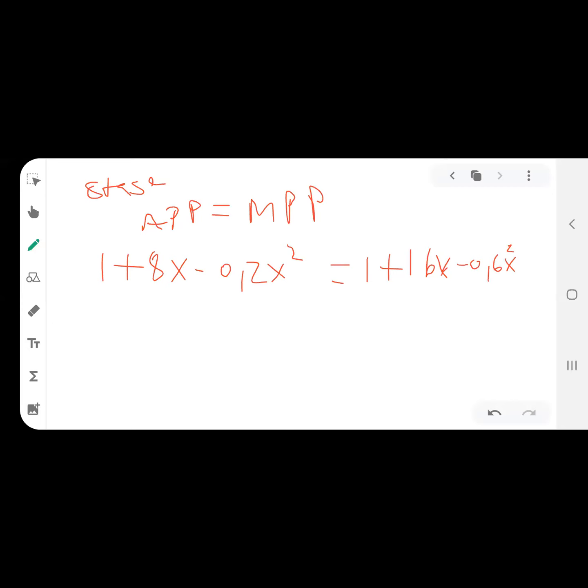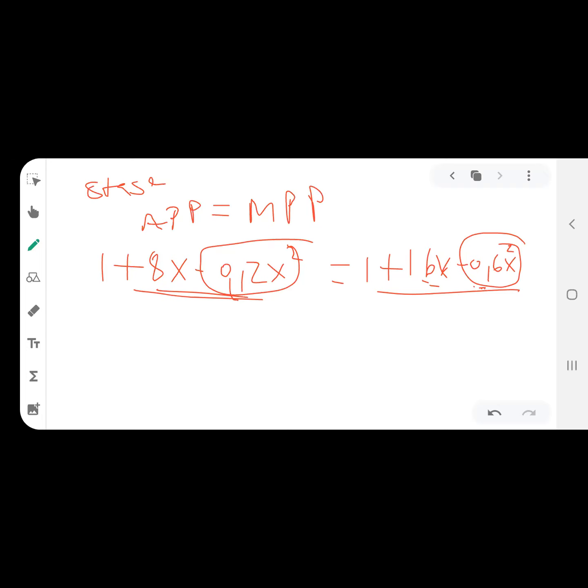And then you can solve this equation. You decide what you want to do. You can either take this whole expression to the left-hand side, or to the right-hand side, or you take the terms with x to one side. It does not matter, as long as at the end you get the same answer, right?